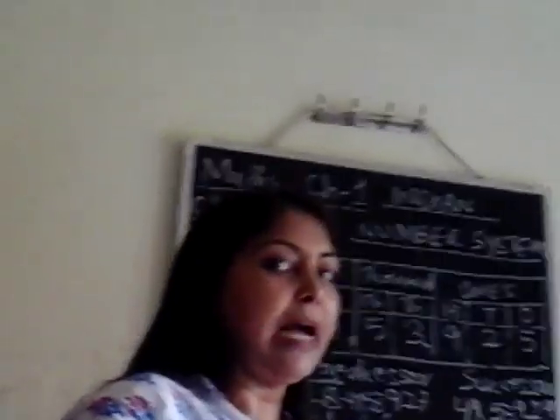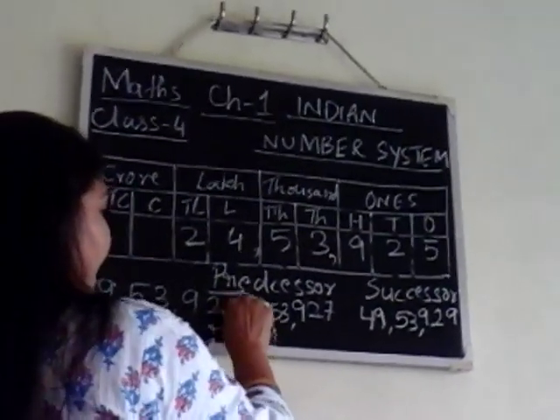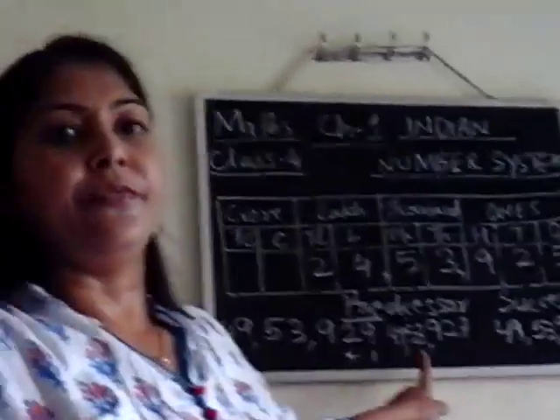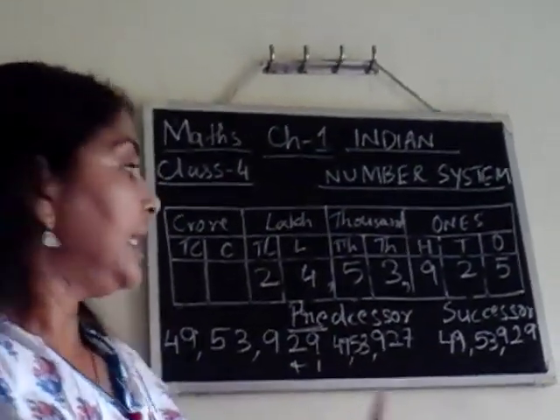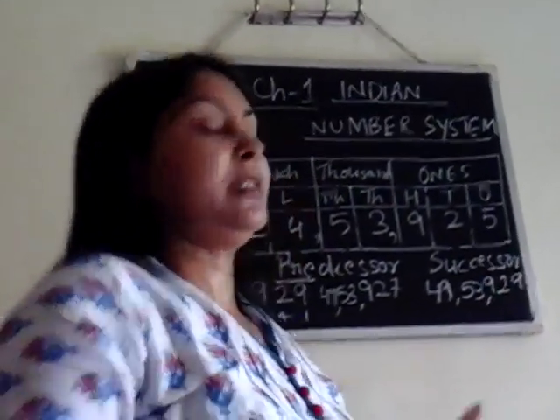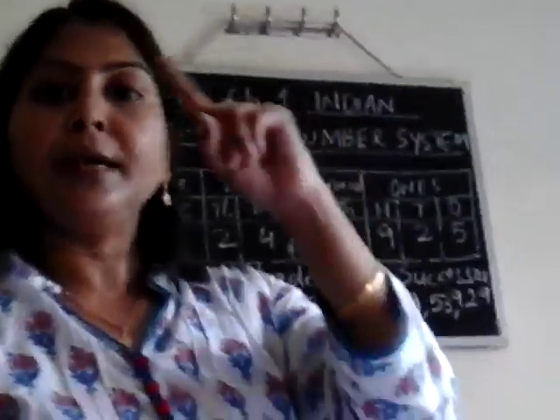Now what will happen if a number is having 9 over here? If in this number the last digit is 9, then what will be the predecessor and what will be the successor? Look here. Predecessors, as I told you, is going to be -1.